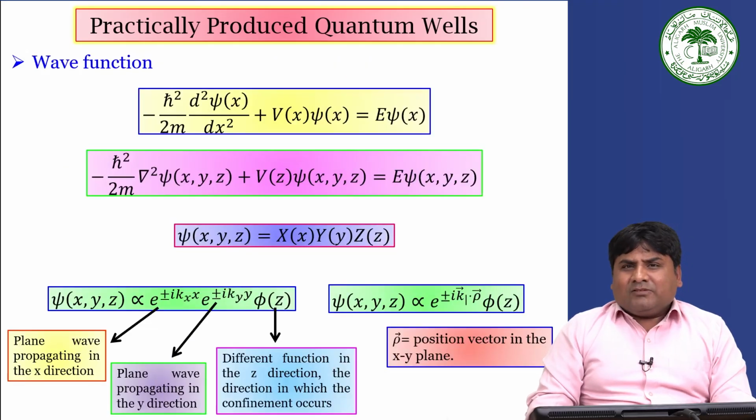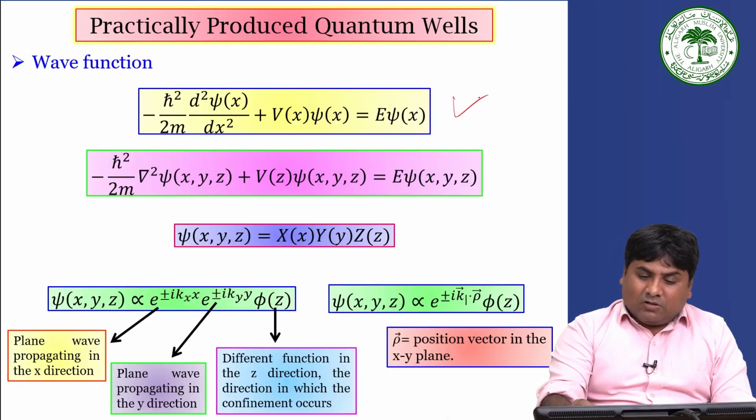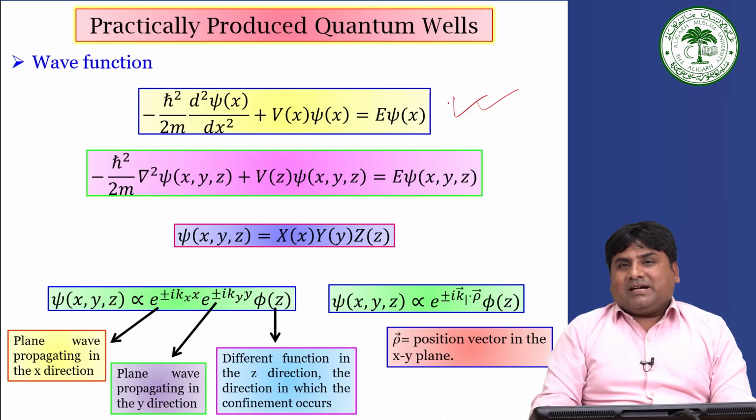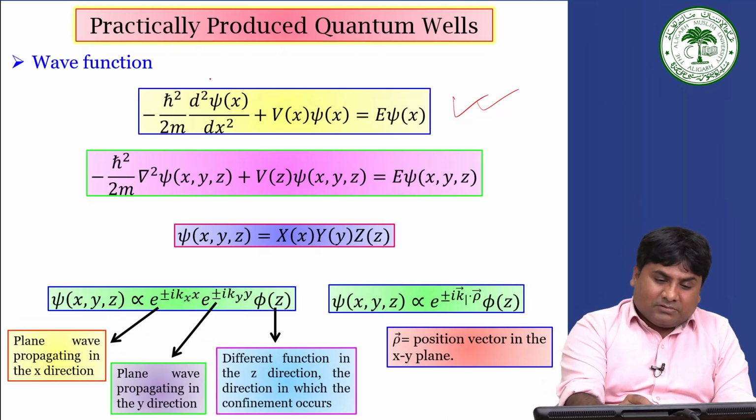Generally for the 1D box we apply this type of equation: minus h cross squared by 2m d²psi(x)/dx² plus V(x) psi(x) is equal to E psi(x). But in this case we have to apply the three-dimensional equation. How do you apply it? You just change this to the Laplacian of psi.